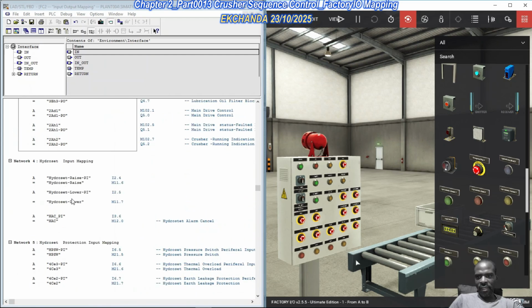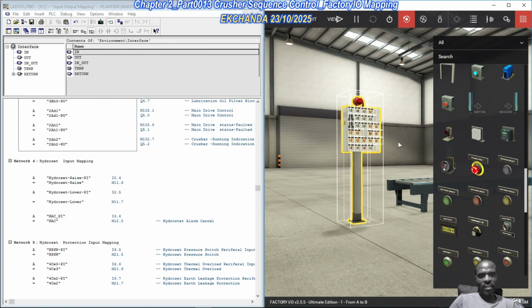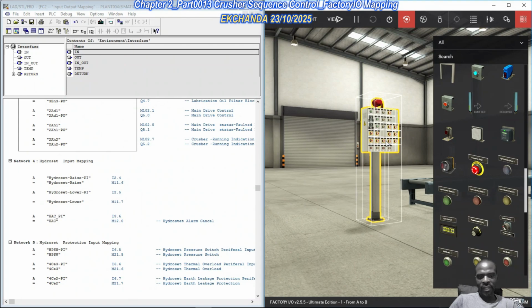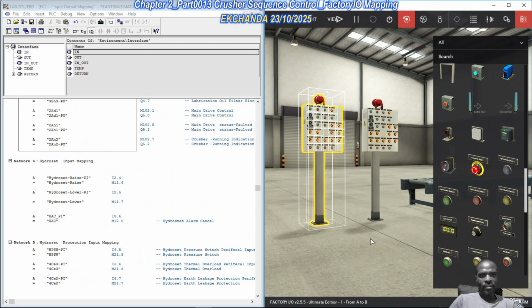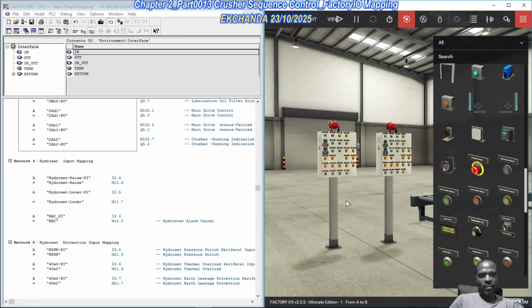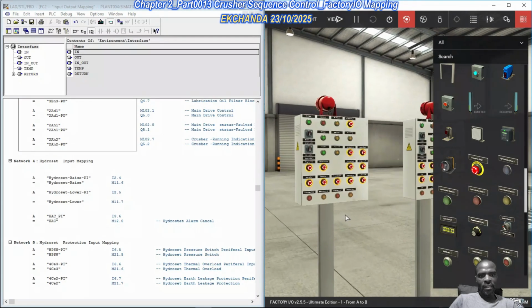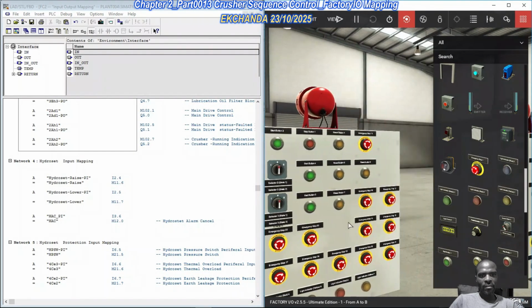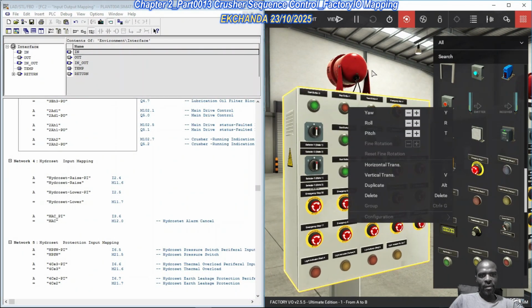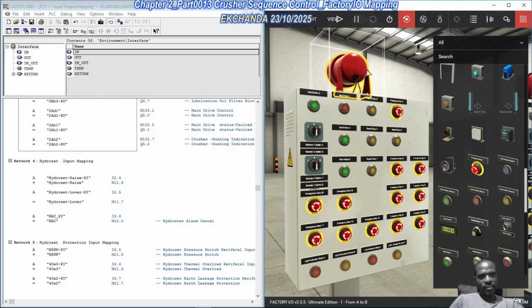So the next part is going to be with the hydroset. Just to simplify things, I'm just going to copy this whole arrangement, like so. And in this regard, we're not going to be needing the siren.